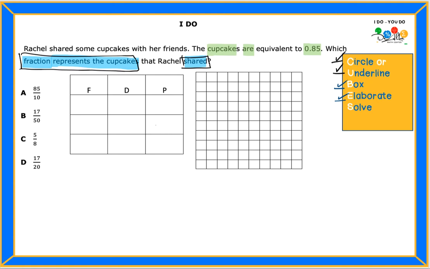We brought our table and 100 grid, and the reason why I brought the 100 grid is because I know that 0.85, which I highlighted in green, represents place value, and it represents two place values. So let's write our place value for this.